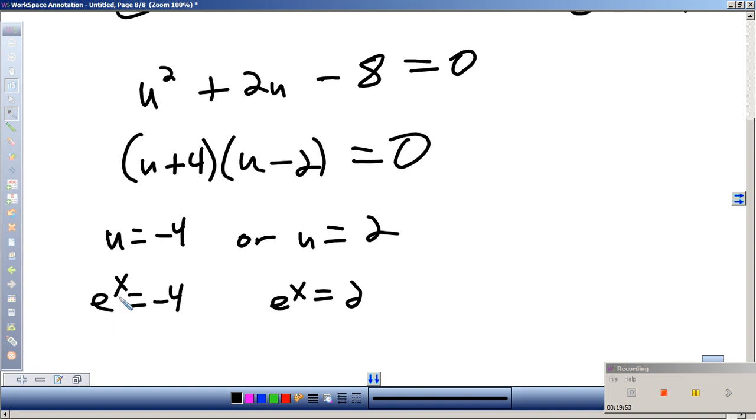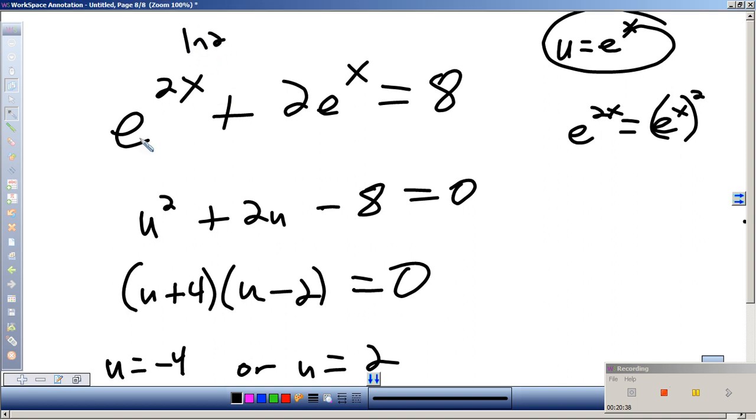I could put any number up here, and I'm not going to get a negative answer, so I'm going to throw that out. Which leaves me e to the x equals 2. How do I solve it? Therefore, x equals the natural log of 2. And you can plug it back in and test it.